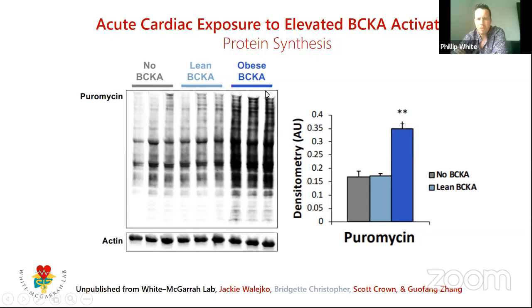However, if you take the levels found within an obese animal, which are only double those found in lean, you have a rapid doubling of puromycin incorporation into proteins, suggesting that simply going from lean levels to obese levels of branched chain keto acids is sufficient to increase protein synthesis. And we think this could be important in the setting of diabetes and obesity-related cardiomyopathy, where you have an increase in protein synthesis leading to unhealthy cardiac hypertrophy.